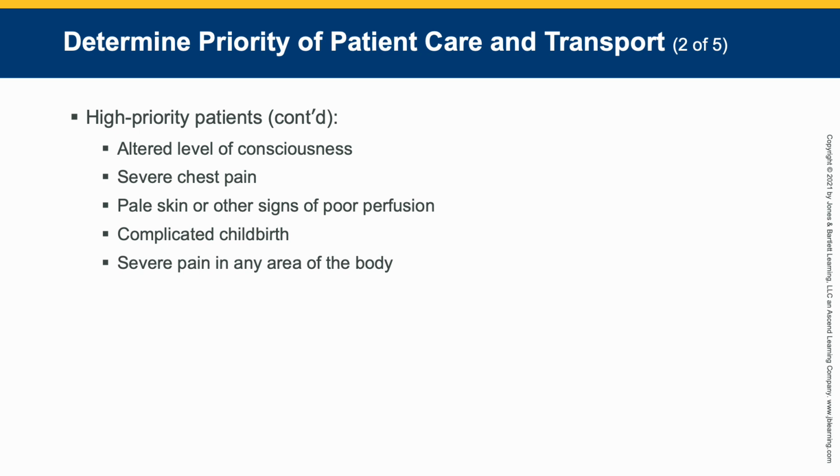They're clinical red flags, and they demand rapid action. So if your patient presents with altered mental status, severe chest pain, pale skin, and other signs of poor perfusion, you should immediately be thinking, this patient needs to be transported now. We don't want to wait to complete every step of our assessment, because some patients you just need to scoop up and go, and you can continue your assessment in the back of the ambulance on your way to the hospital.